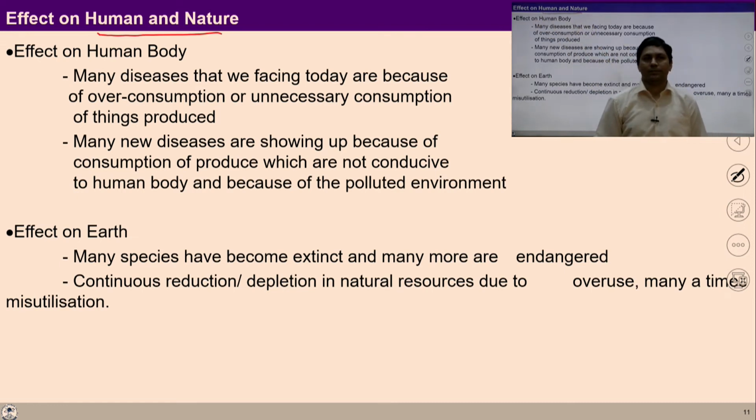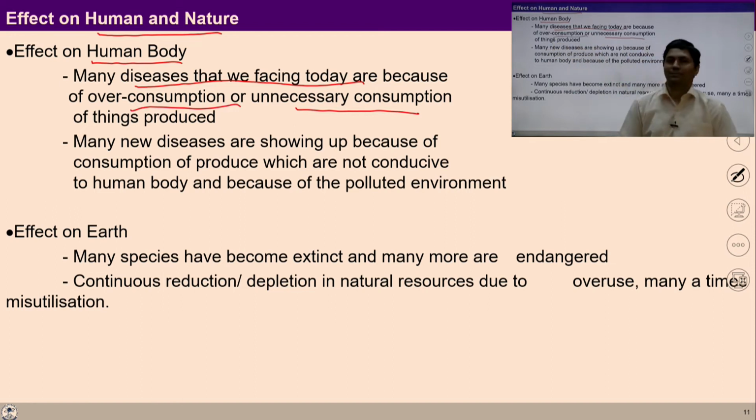As we discussed many times, if we see the human body, due to those production systems, many diseases we are facing today because of unnecessary consumption, because of overconsumption of things being produced. Things are being produced and projected as your need.